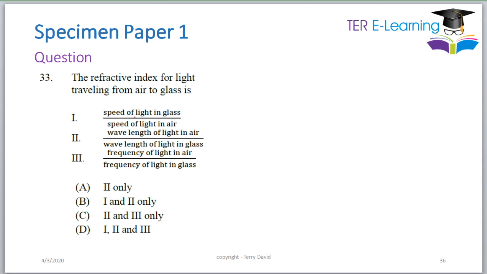Number 33, we have the refractive index of light traveling from air to glass, and they're asking us which of the following is true. So what they're asking us for is n air to glass, and we know n air to glass will be the speed of light in air over the speed of light in the glass, right?